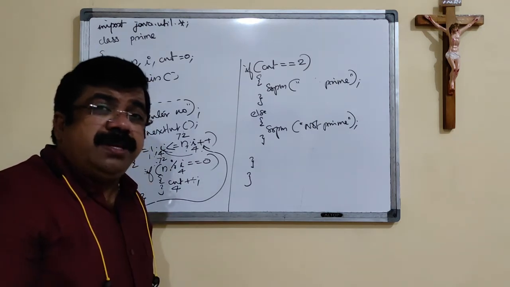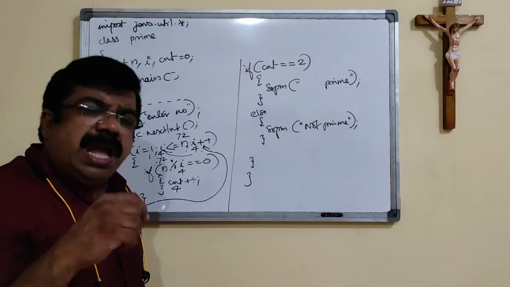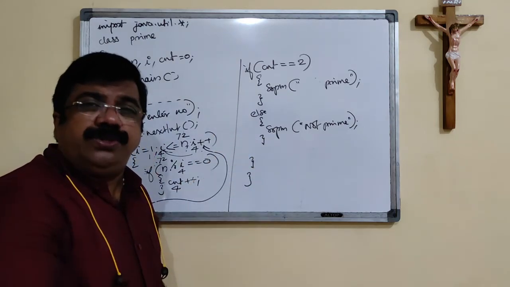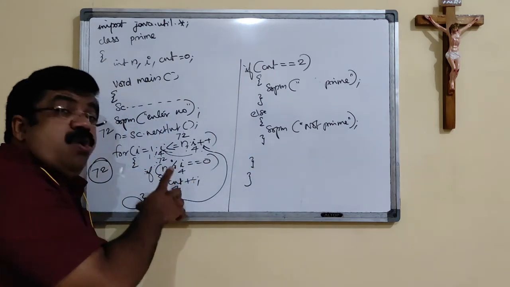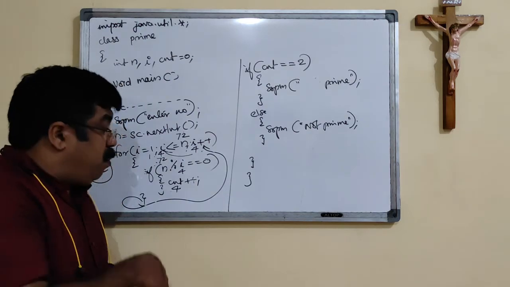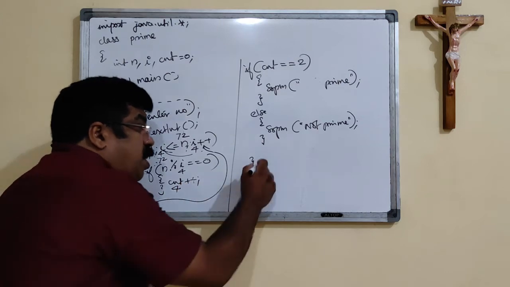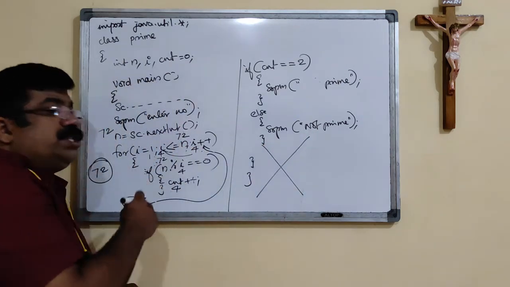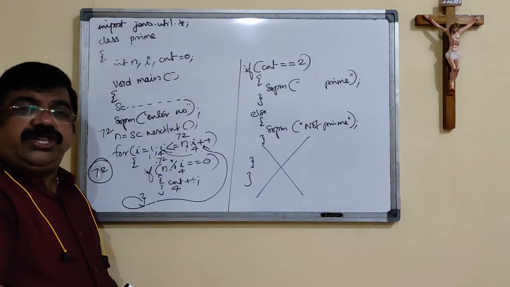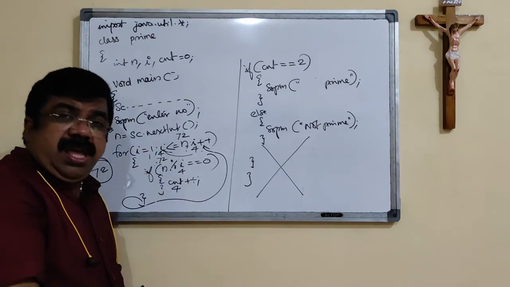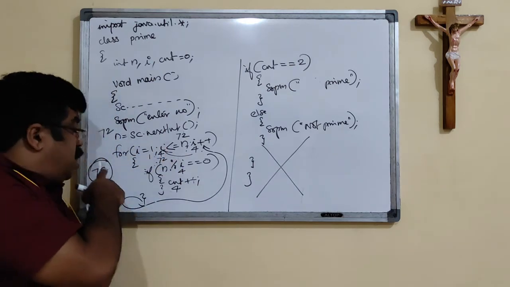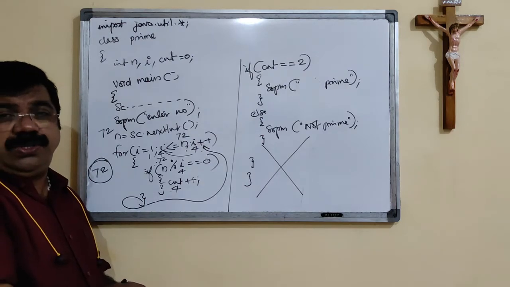So what happened? This program is running too many times. It takes more time for execution. More iterations are happening. So I won't prefer this logic. The reason is that the loop has unnecessarily run 72 times.